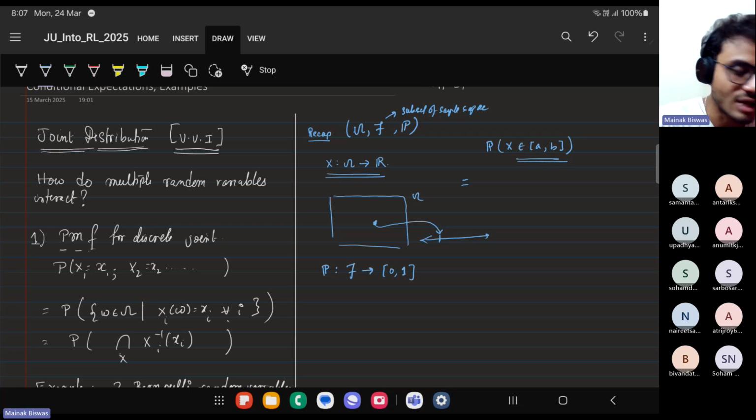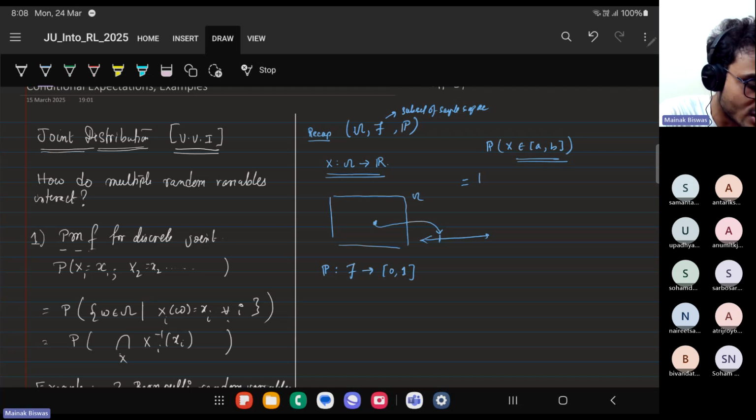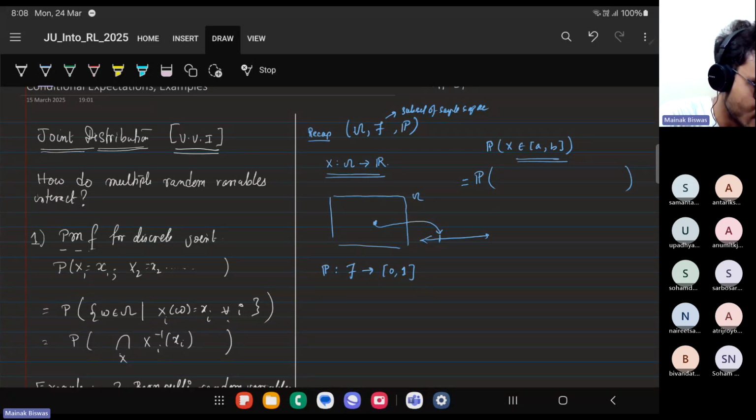So if a random variable is between A and B, what does it mean? Conceptually, I don't want you to write it in terms of maths. Can anyone tell me what it means? Whose probability do we want to find? We want to find the probability of that event, say the event E, which belongs to the event space.